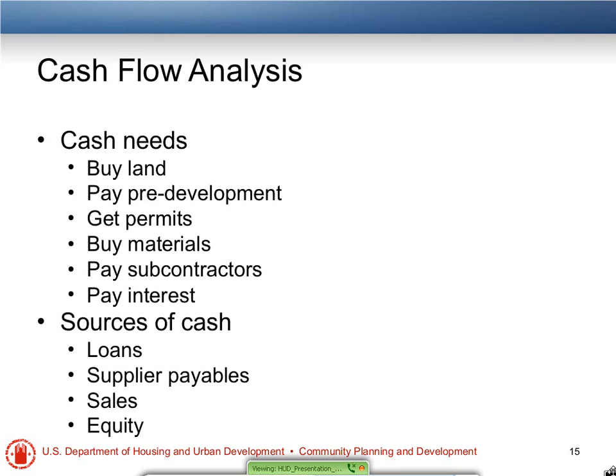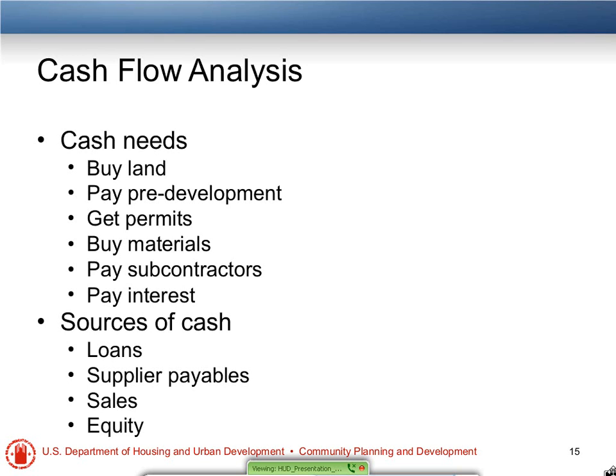So the cash flow analysis allows us to include expenses when they occur and include the revenue when we will see that revenue. We're going to break it up into what we need cash for and the various things: buying land, paying pre-development cost, getting permits, maybe purchasing the bricks and mortar or the sheetrock for the project, paying our subcontractors, and paying interest on our construction loan.